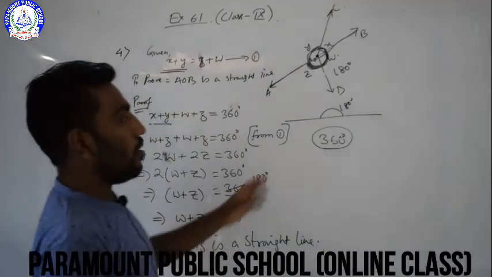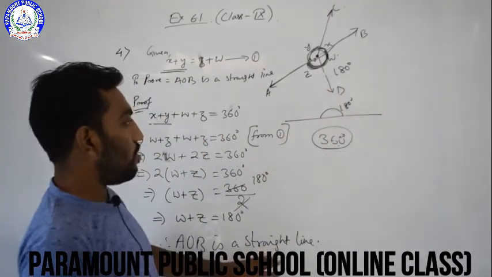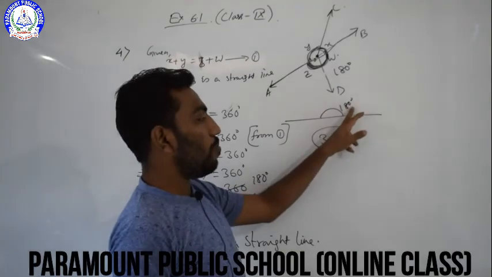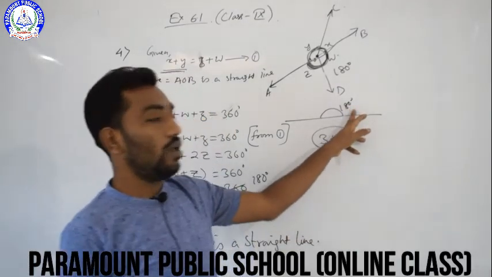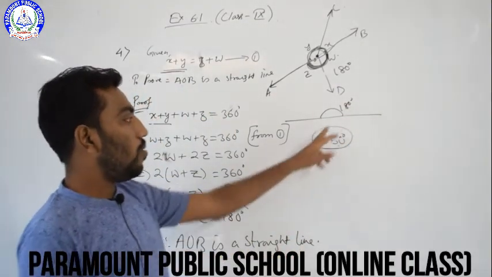So always, whenever we have to prove that it is a straight line, always try to make the angle 180 degree. So our sum is nothing but 180 degree.